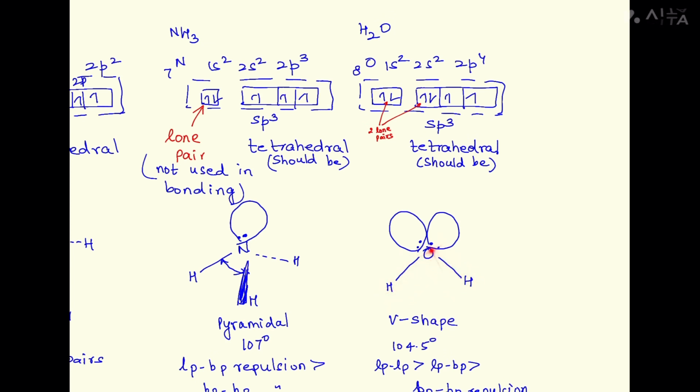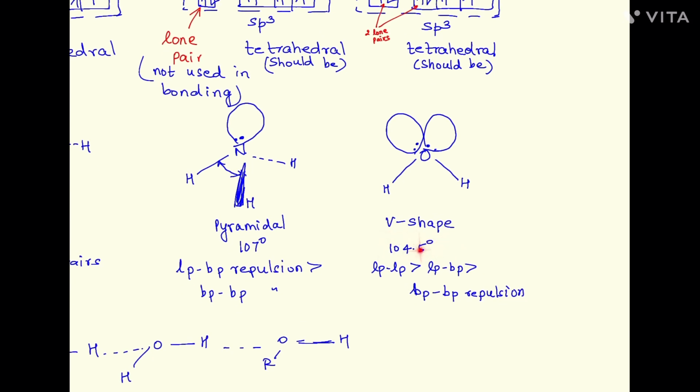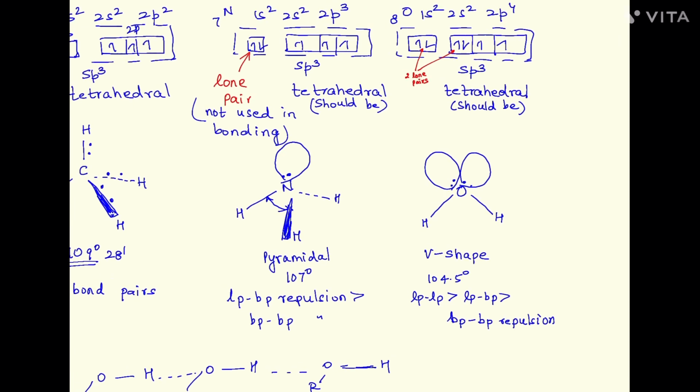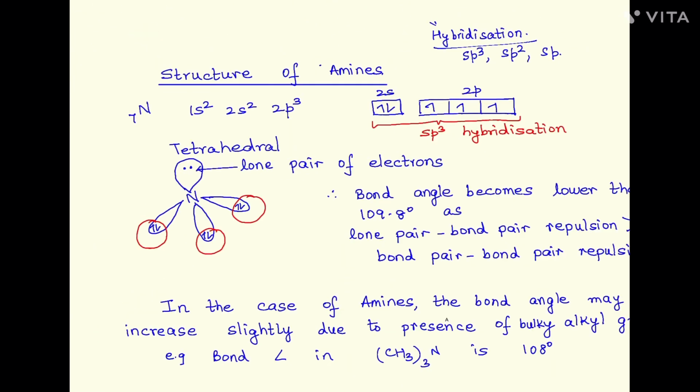Water acquires a V shape. It should be tetrahedral according to the hybridization, but it acquires a V shape. The bond angle is 104.5 degrees. Remember all this, you may find it useful later on.